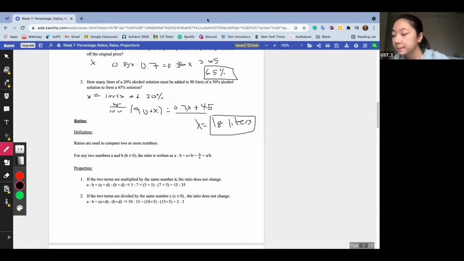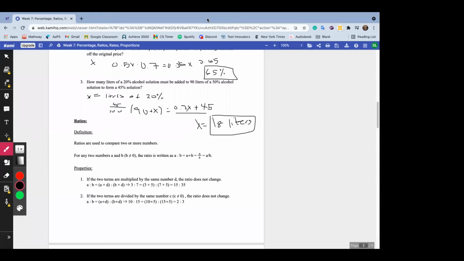Okay, go ahead. Wait, I still don't really understand how it is 18 liters.